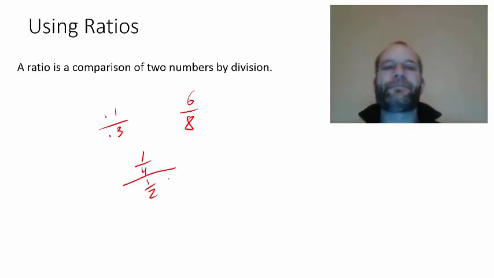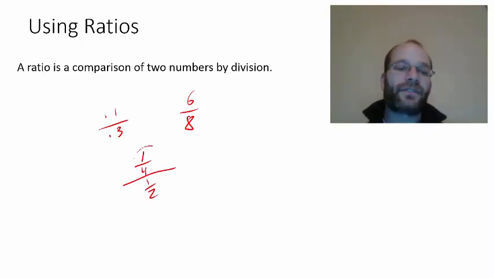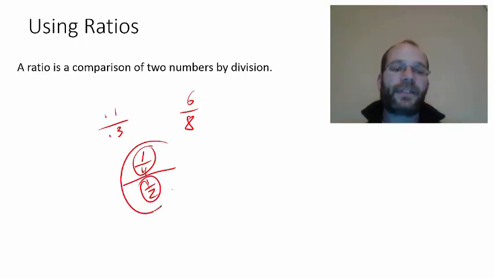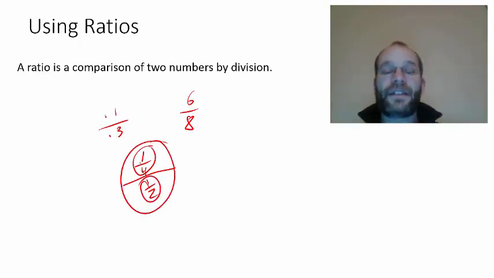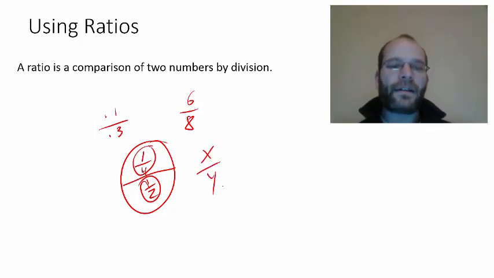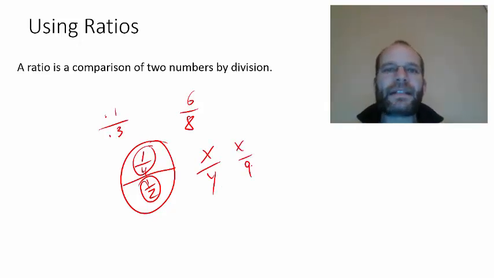I can do that. It's a little bit complicated because here we actually have two ratios within a ratio. That might not be fun to deal with, but it's something we can do. I can also compare variables. For instance, x compared to y, or x compared to 9. So any kind of number you can imagine can be plugged into a ratio for the purpose of comparing it with another number.